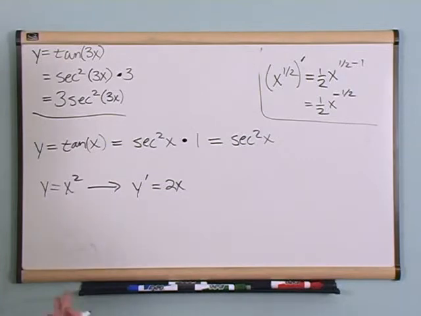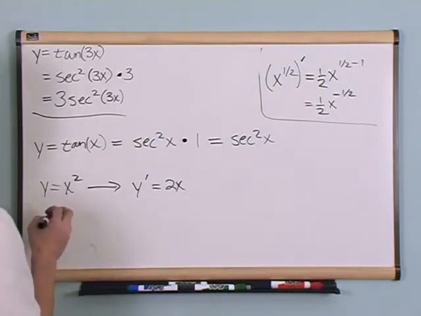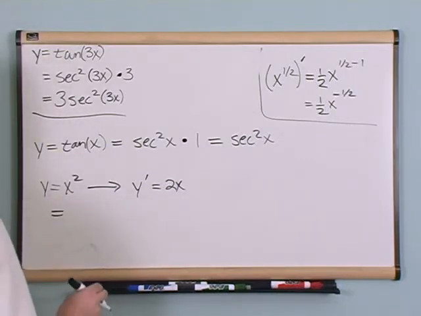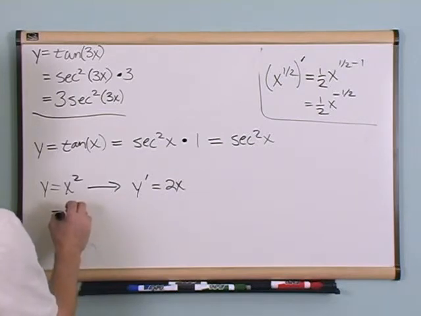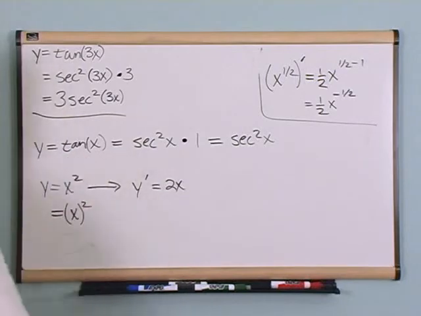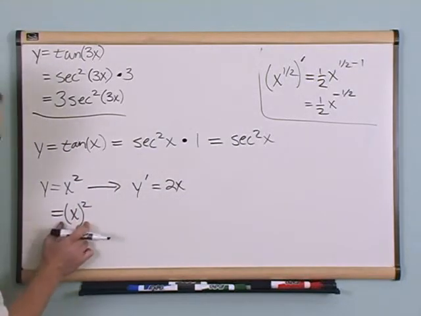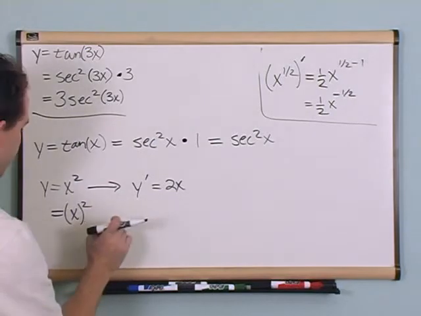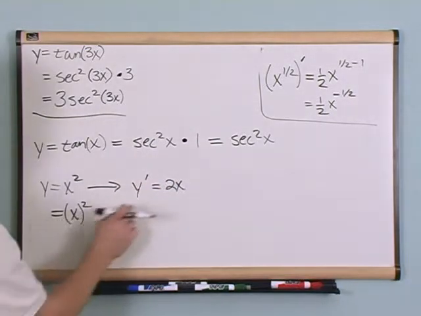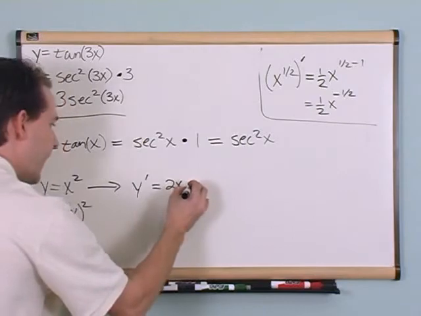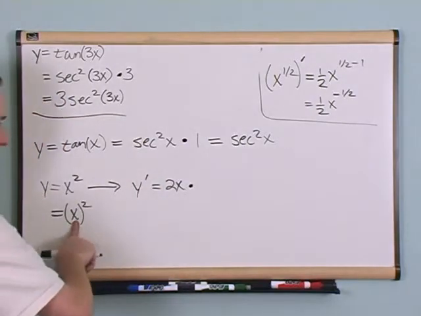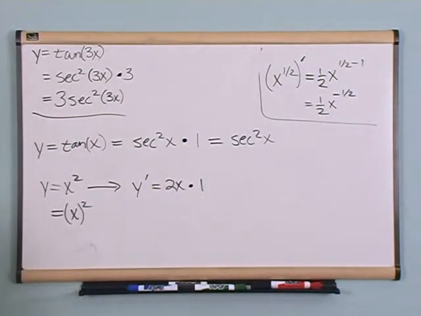But no, reality says what you've had here is x raised to the power of 2, like this, which is really the same thing as this. So the big picture function is something raised to the power of 2, okay? So I'll do 2 and then x and the 1 power. But again, I've multiplied by the derivative of the inside, which again is 1, okay?